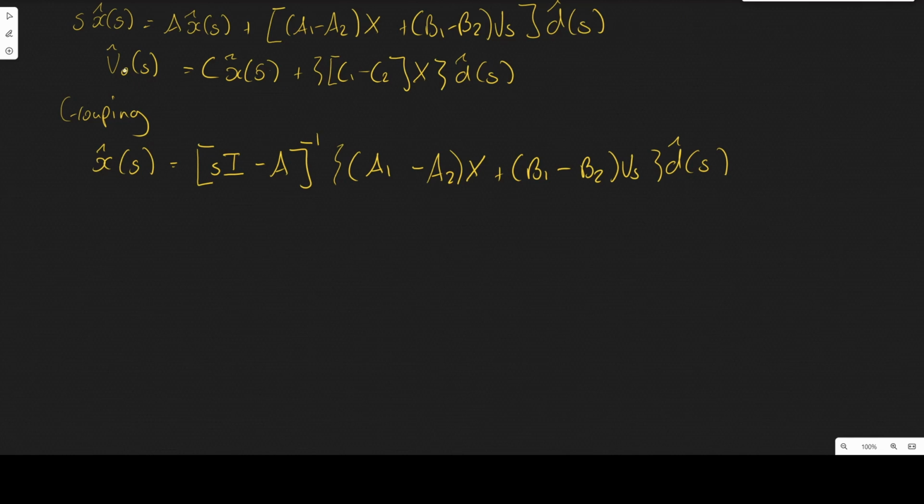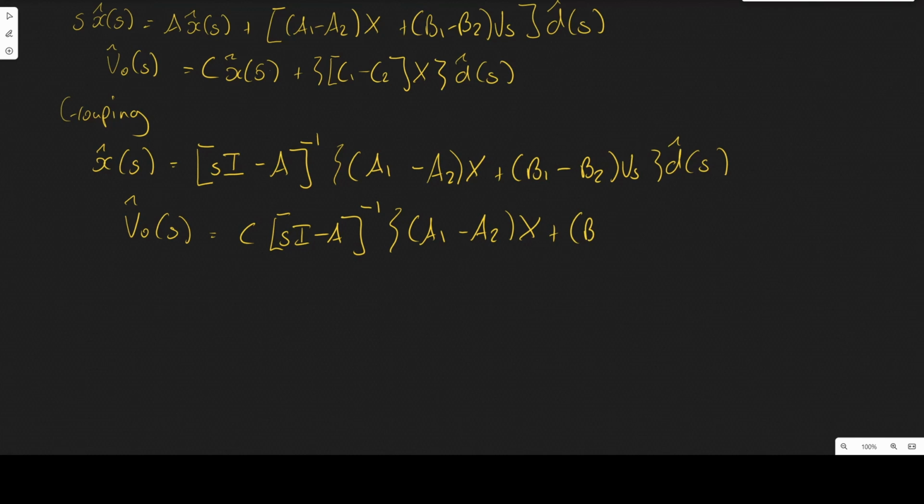Substituting this in Vout, we would get Vout hat is equal to C multiplied by (sI minus A) inverse [(A1 minus A2) X plus (B1 minus B2) Vs] times the duty cycle, plus (C1 minus C2) multiplied by X and multiplied by the duty cycle.